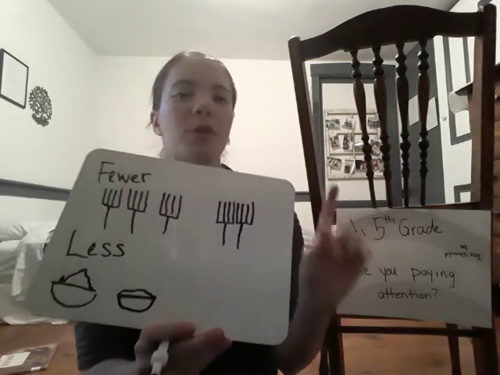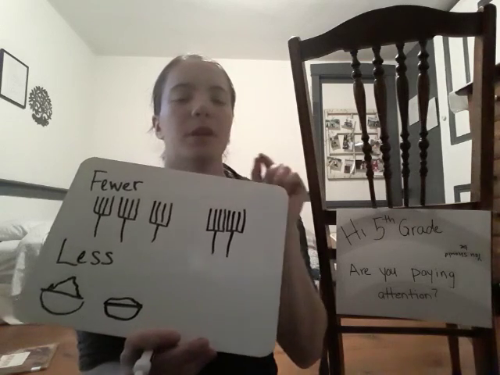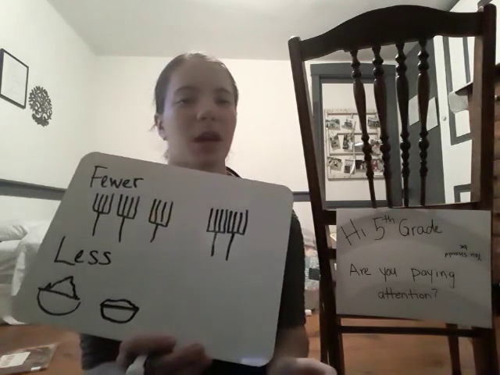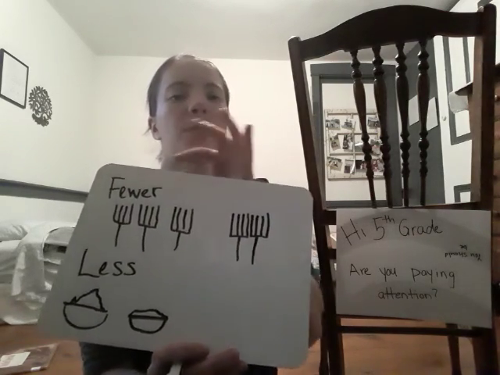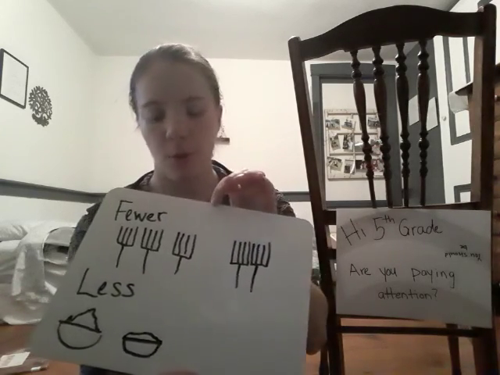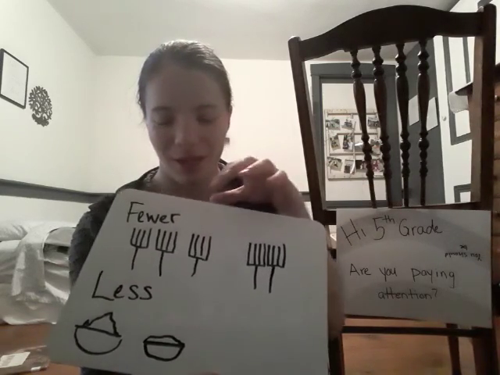So something to help you remember how to use these properly is the little saying, fewer forks, less sugar. Okay, so fewer forks, less sugar. We use fewer for things that we can count, okay? So we can count forks, and these are supposed to be forks if you can't tell.